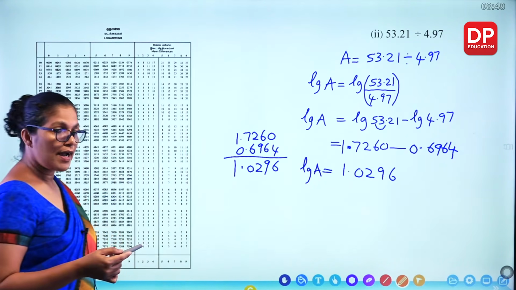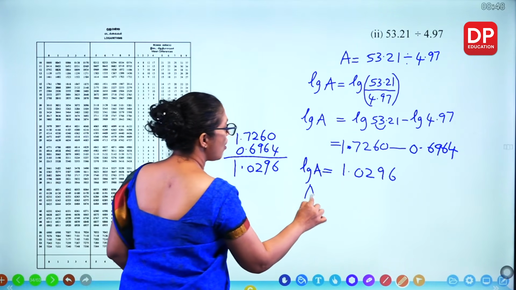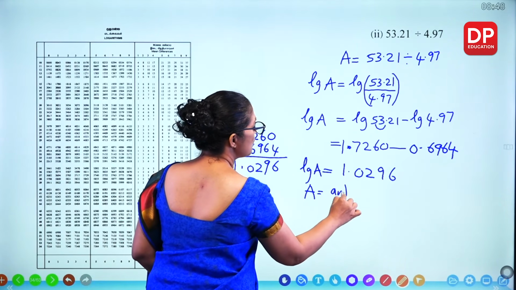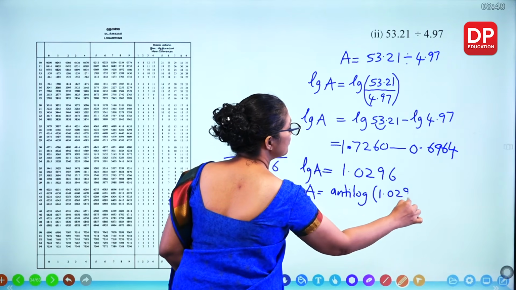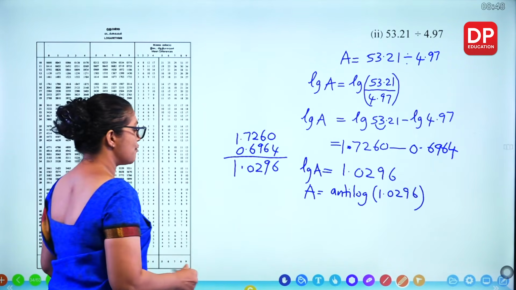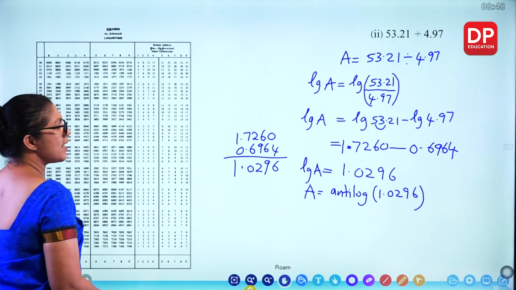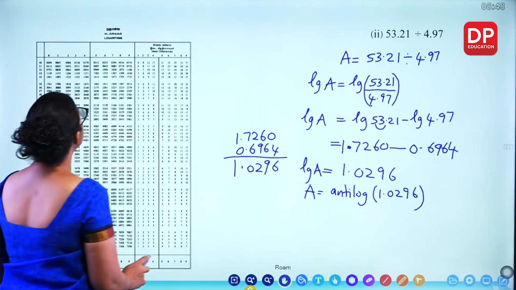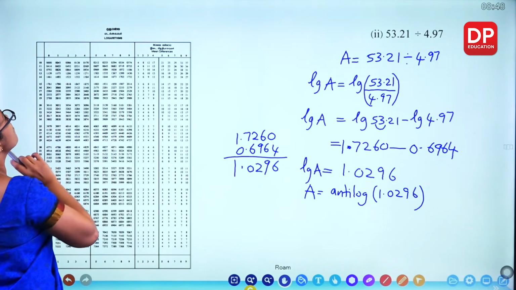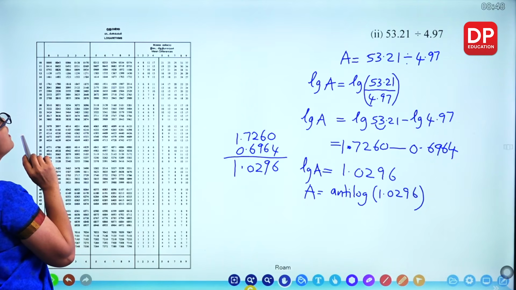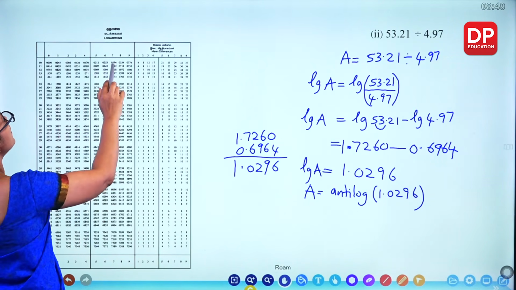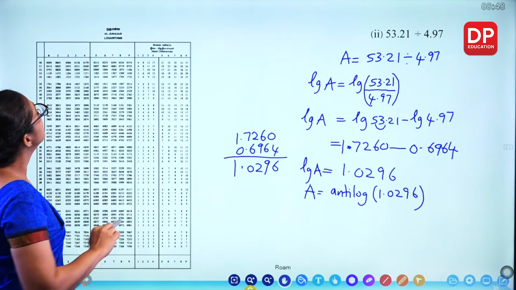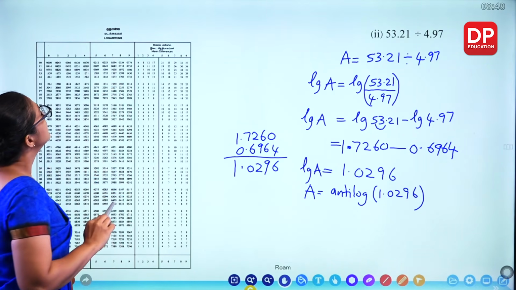Then how can we find out A? Antilog of this value. Now refer the table and find out where you get 0.296. 0.294 is there. You need another 2.